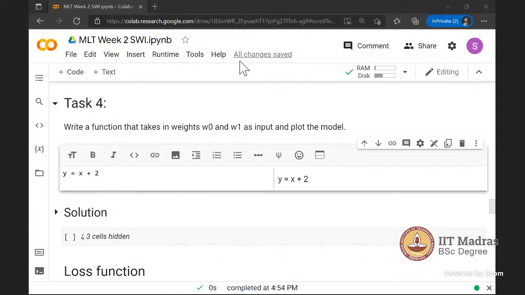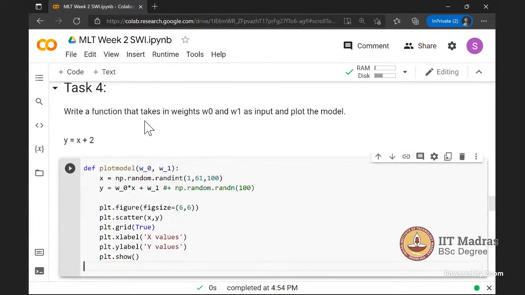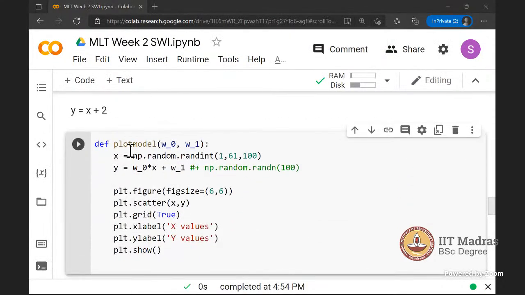Okay, all of your answers are actually correct, so far the answers that I've received. So let me copy one of them. Let me copy Ganesh's answer. There it is. The function name is plot model.